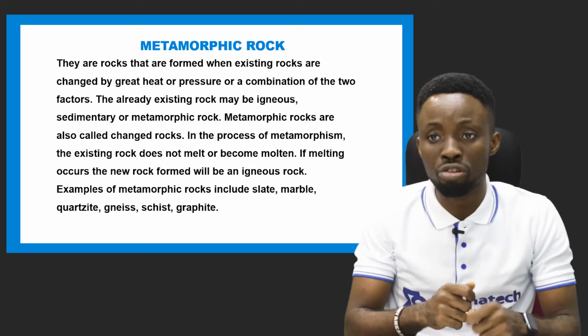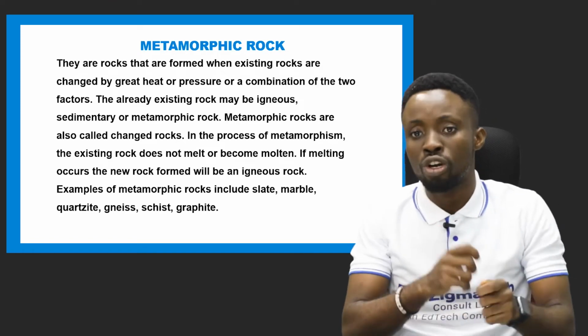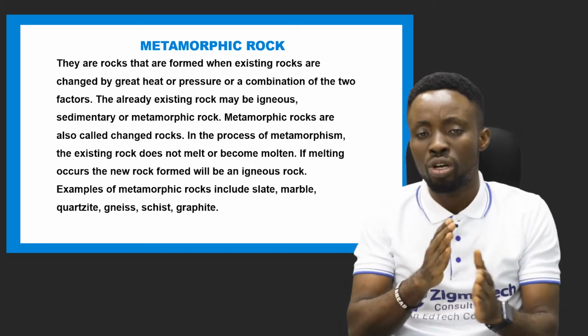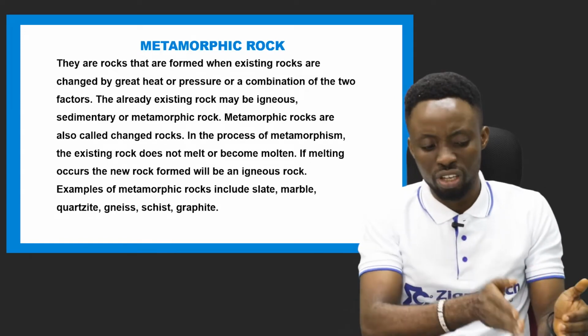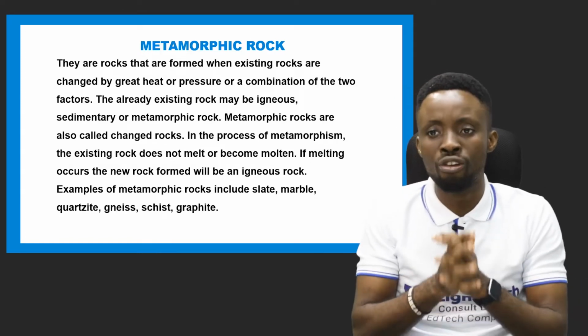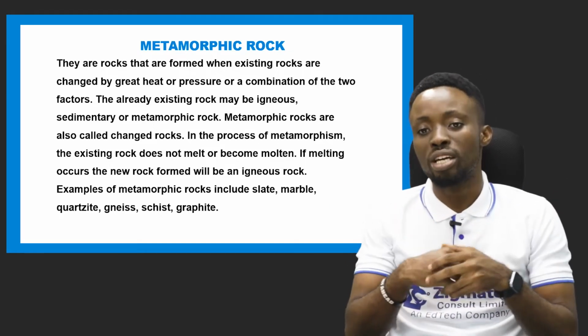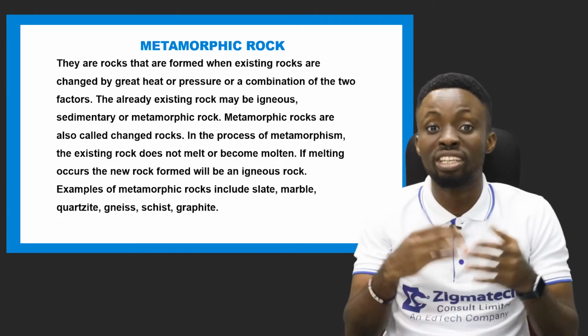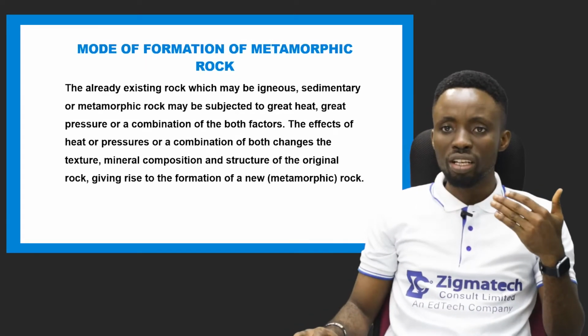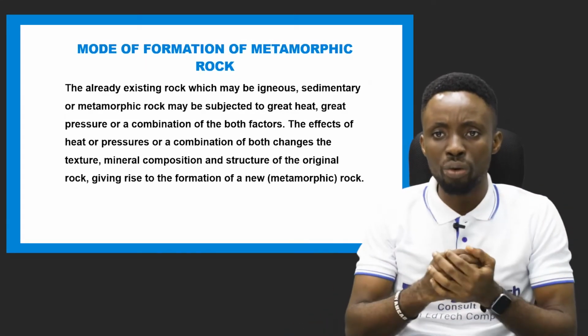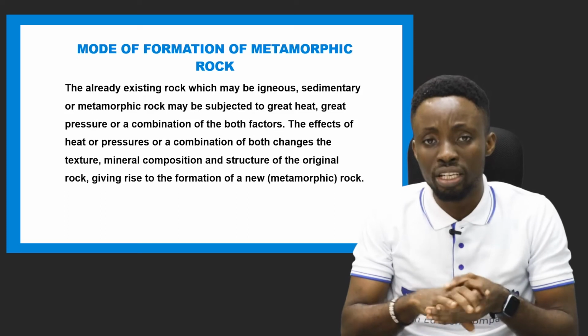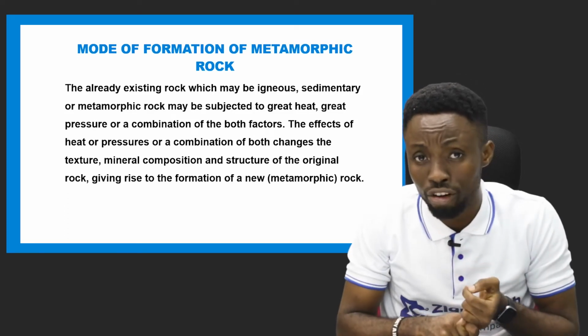Instead, it will just transform to a new type of rock. So that's the slight difference between the process of igneous rock formation and metamorphic rock formation. We have examples of metamorphic rocks, things like quartzite, gneiss, marble, slate, graphite, and schist. So let's look at how it is formed. Like I said, it can be formed from what?